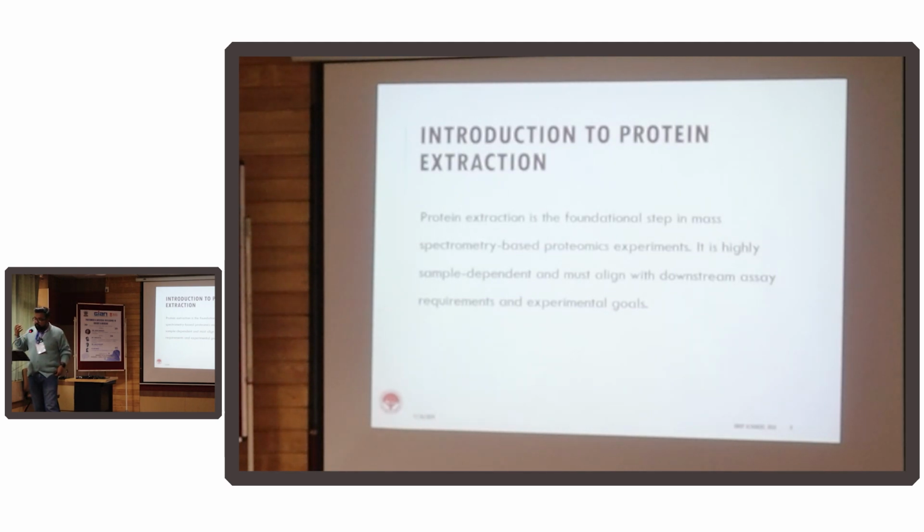So it is highly sample dependent, the type of sample you are dealing with, and you have to align it with your downstream assay requirements and experimental goals. So nothing, as I said early in the morning, it's not that my neighbor lab is doing this, so I can do this. Might be you would get all the wrong results if you do that.